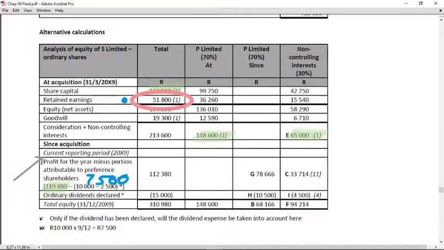So it's really just affecting you in the year of acquisition, but this at acquisition section and these amounts are very important because this will now always be your at acquisition amounts. And what do you calculate here? You measure NCI and you calculate something like goodwill. So if you got that amount wrong, the at acquisition retained earnings, you're going to end up having incorrect goodwill or gain from bargain purchase going forward.